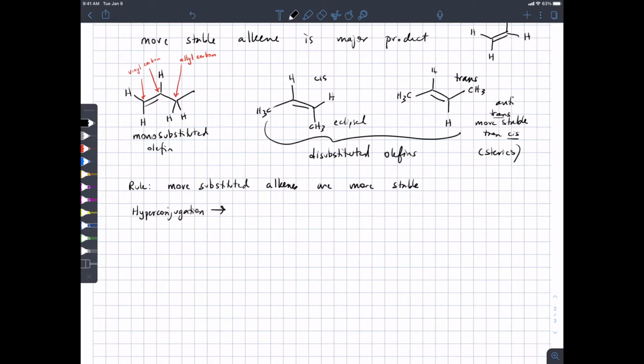Tetrahedral shape, good. And that provides us the opportunity for carbon-hydrogen bonds on the allyl carbon to line up with an empty orbital on one of the vinyl carbons. Now, what empty orbital do we have for a molecule that's an olefin? What low energy LUMO do we have for that molecule?